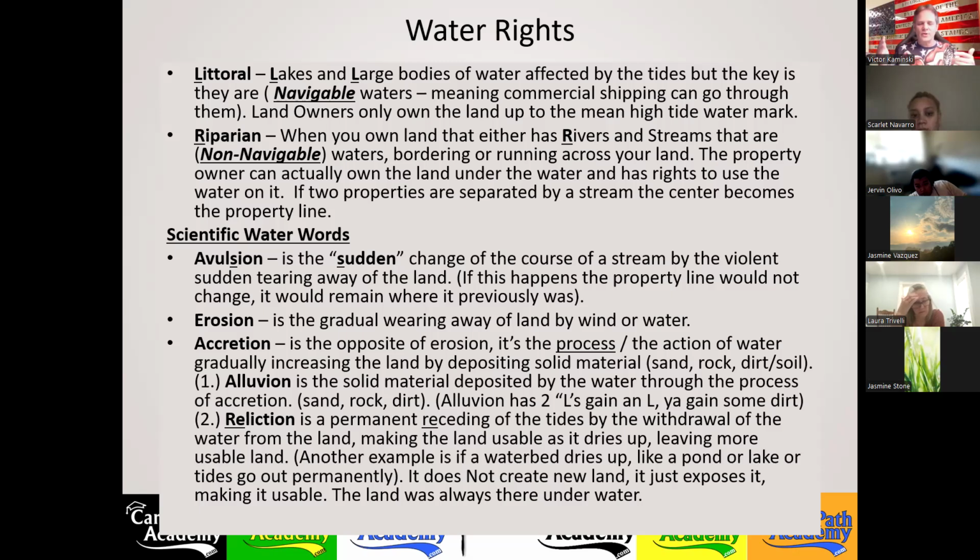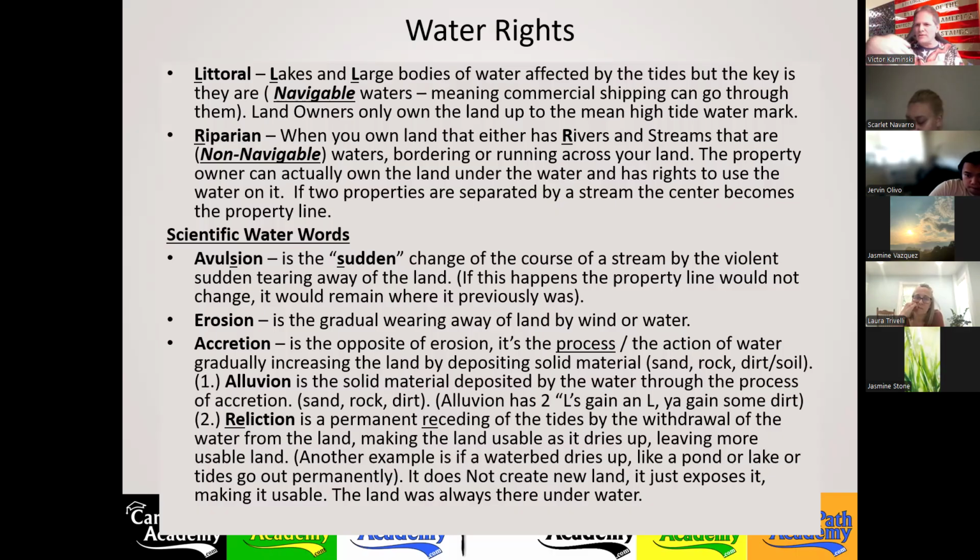Lakes, streams and rivers, if you notice, they're not straight. They have bends in them. And sometimes when they bend, let's say we get a lot of rain, it overflows them. The water flows faster.